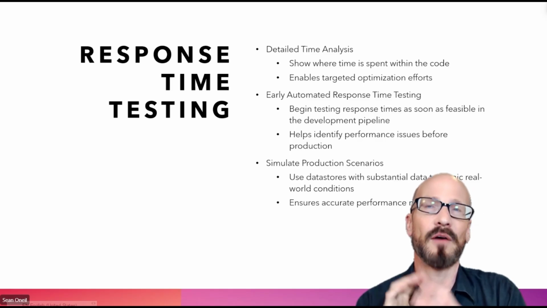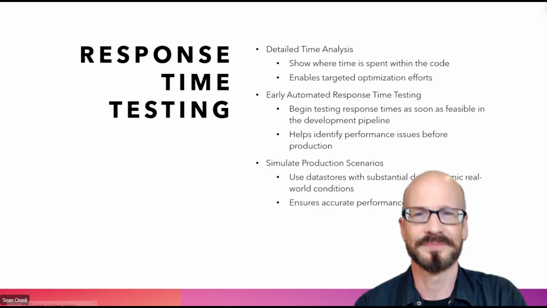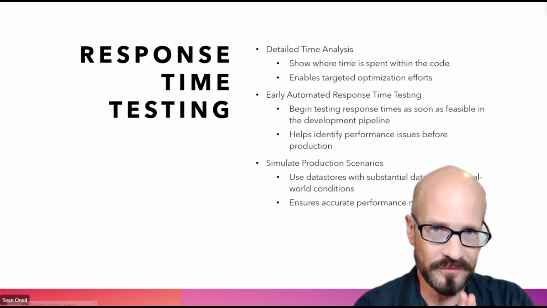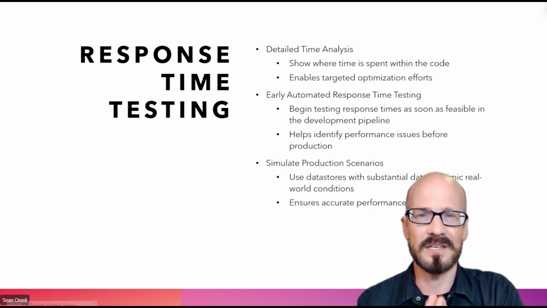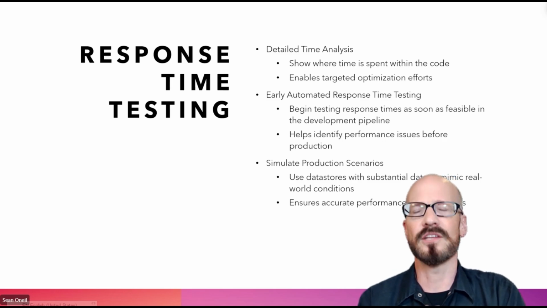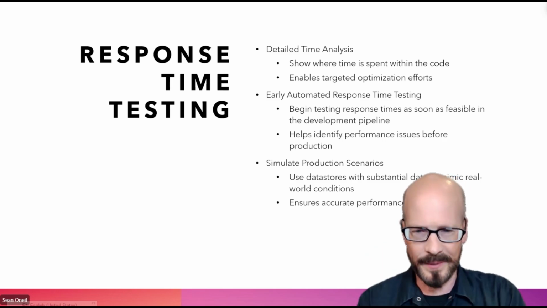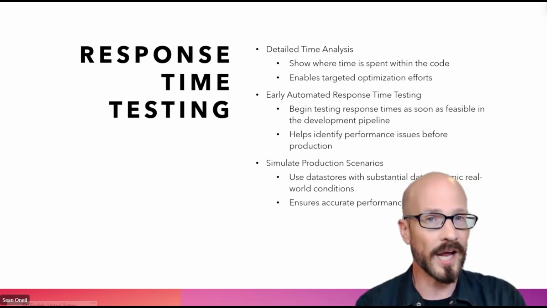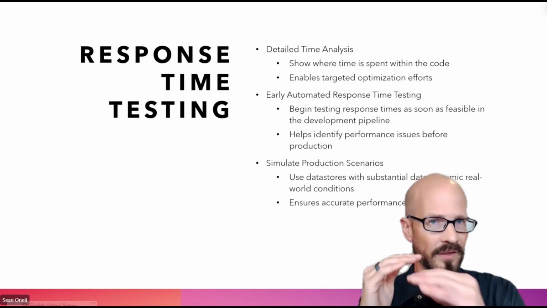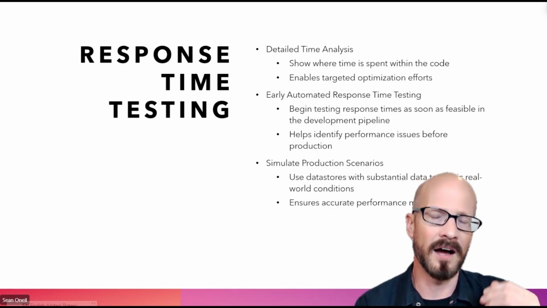So I would definitely recommend in these lower developer environments that you're checking for response time deviation. So your typical DevOps pipeline, a developer works on their code, they check it in. As they check it in, it'll run through some automated testing.